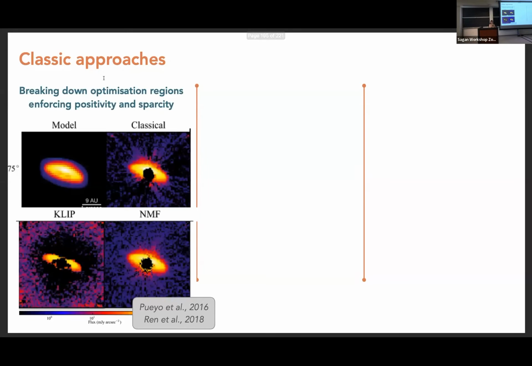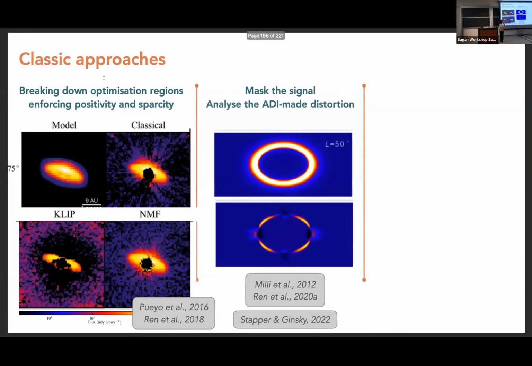So the classical approaches are the following. The first one is to mask the part where the disk is, iterate on it, and enforce positivity. So you can find some papers here. If you have a model of a disk on the top here, it's just a radiative transfer model of a debris disk, and you apply a basic ADI with some assumption, that's the distortion you're going to have.